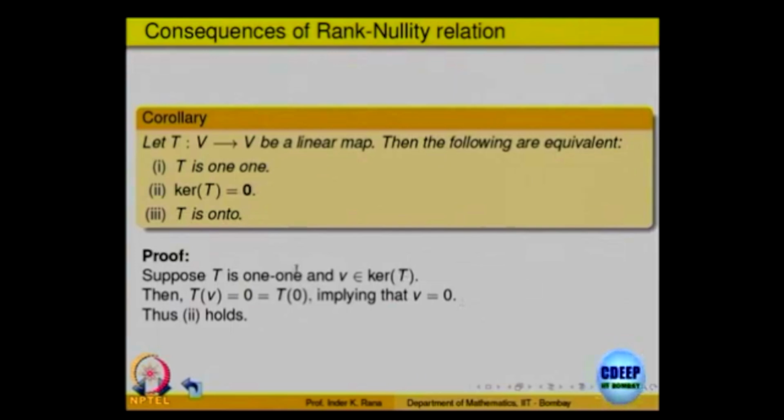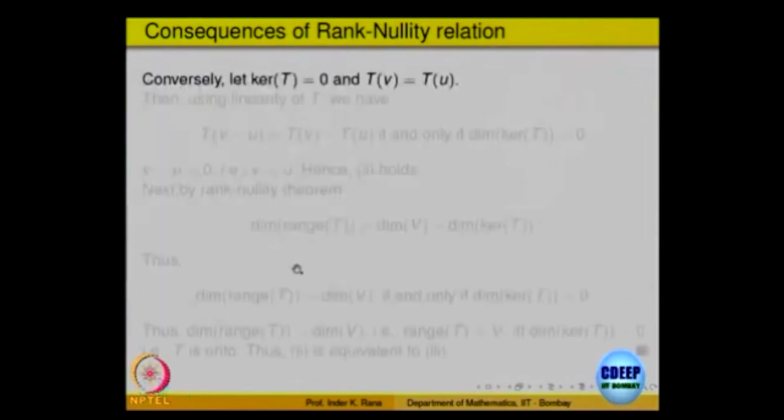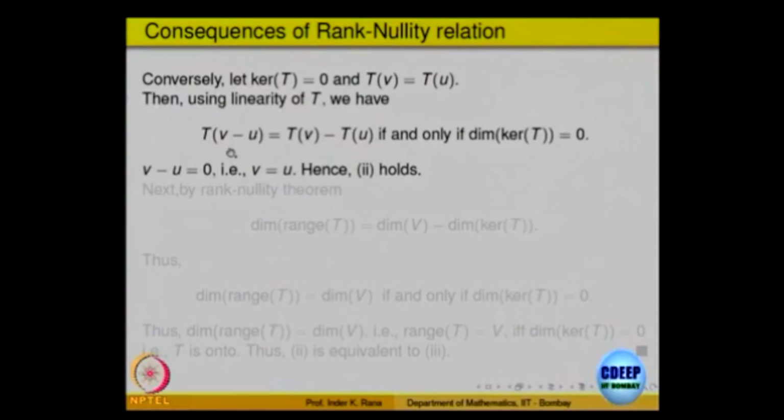Conversely, you can show that 2 implies 1: look at the kernel of T, if it is 0, we want to show T is 1-1. Suppose T(u) equals T(v), then you can bring it to one side and use the linearity property. That says T(v minus u) is equal to 0, that means v minus u belongs to the kernel, so v minus u must be 0 because the kernel is only 0. So v equals u. So 1 is equivalent to 2.